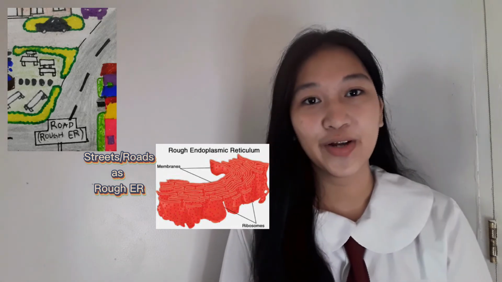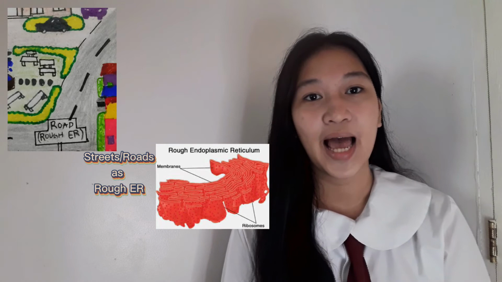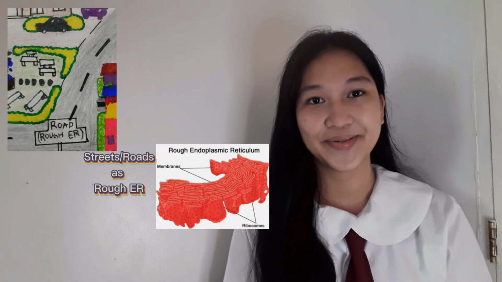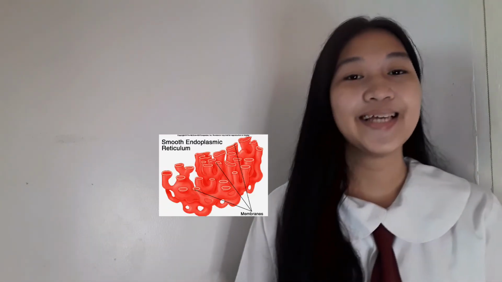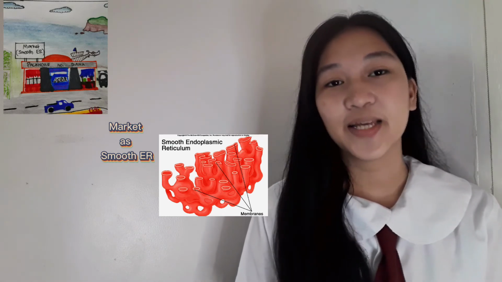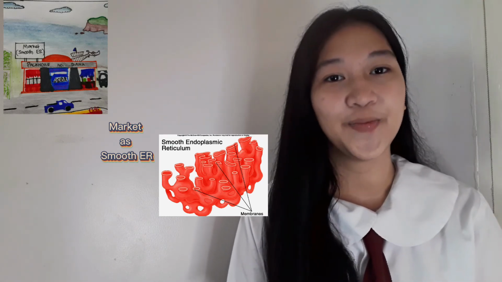Also, one of the reasons why I chose streets or roads as rough ER is because ribosomes travel by a rough ER. The seventh organ I chose as a smooth ER is the marketplace, because it manufactures the cell's needs, similar to what the market does to the community people.